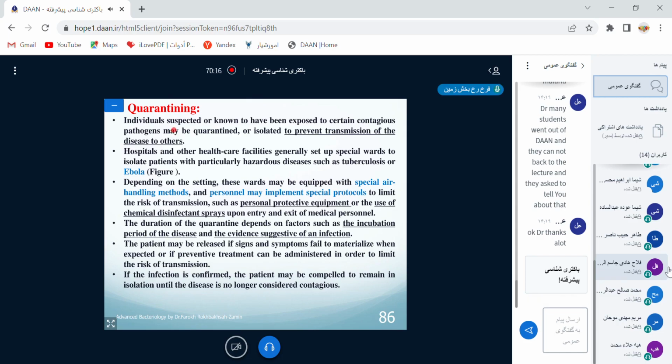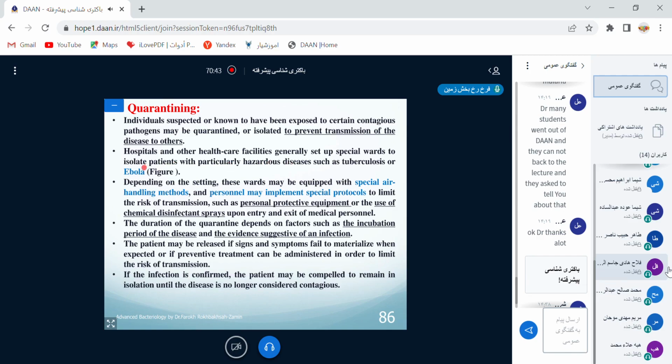Quarantining. Individuals suspected or known to have been exposed to certain contagious pathogens may be quarantined or isolated to prevent transmission of the disease to the others.